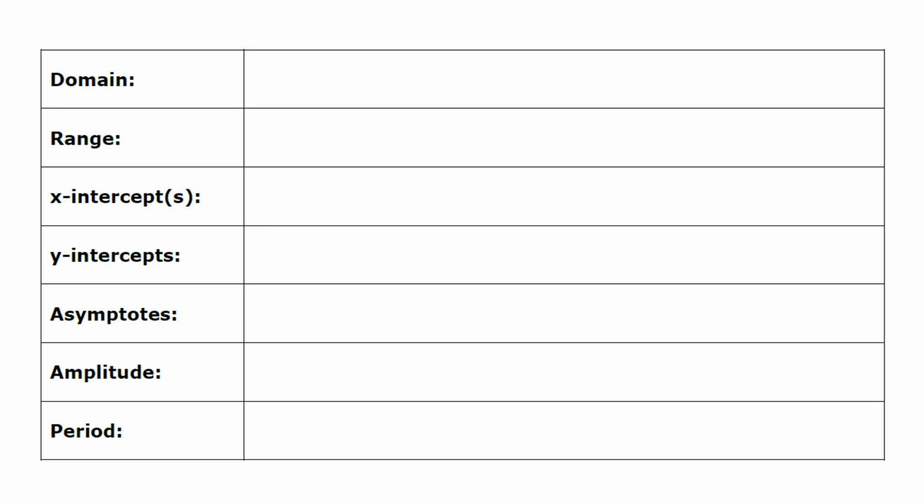So the domain is going to consist of all x that are an element of the real numbers, except for when x equals pi over 2 plus n times pi, where n is an element of the integers.